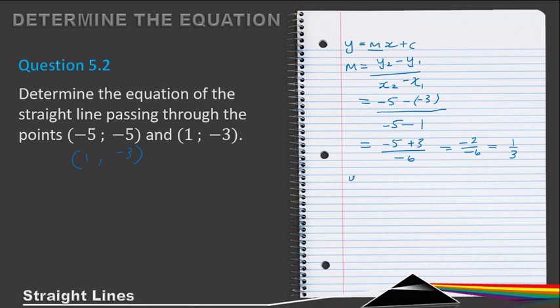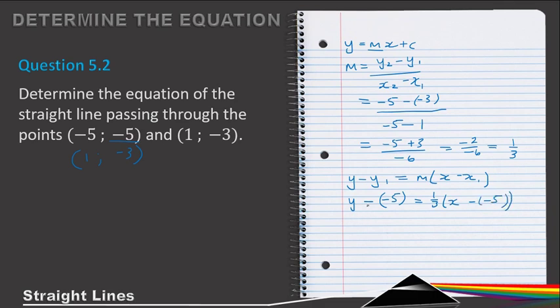Let's now substitute into the following formula: y minus y1 equals gradient times x minus x1. So y minus, my y1 value here is negative 5, equals the gradient 1 over 3, times x minus negative 5 again.